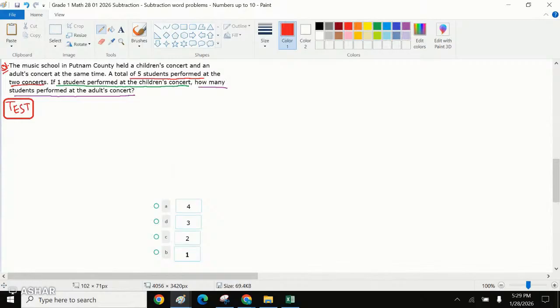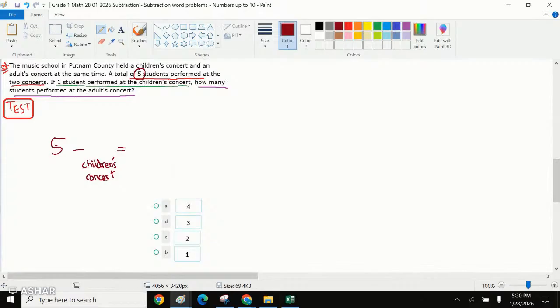So how many of the total were there? There was a total of 5 minus the number of students who performed at the students' concert, right? Children's concert. The remaining would be who performed at the other concert, right?